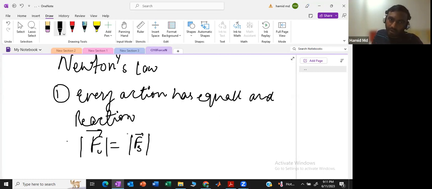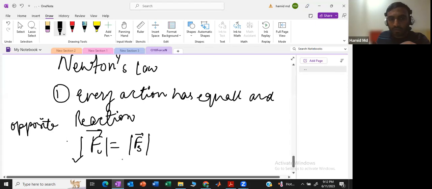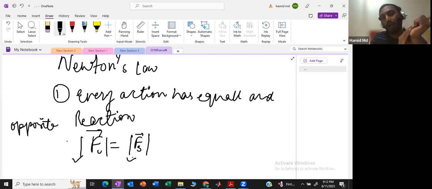But every action has equal and opposite reaction. I missed writing the word opposite here. So this is only showing the equal, but the second part is missing: the opposite reaction. Now correct this equation according to your statement.